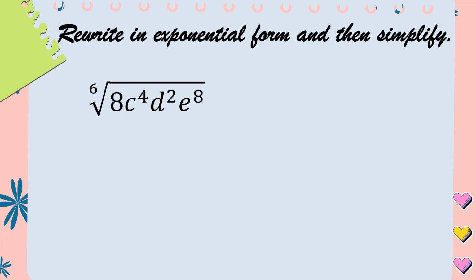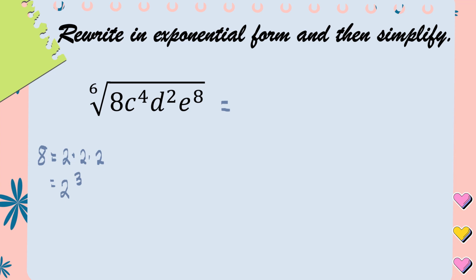Next example, 6th root of 8 c raised to 4 d squared e raised to 8. How can we express 8 in terms of exponent? Aside from 8 raised to 1, what else? Alright, 8 can be written as 2 times 2 times 2, or that is 2 raised to 3.